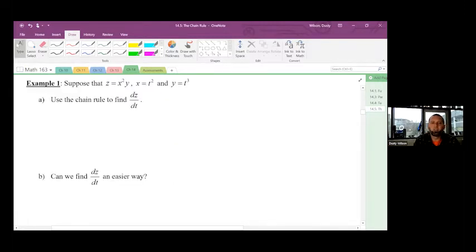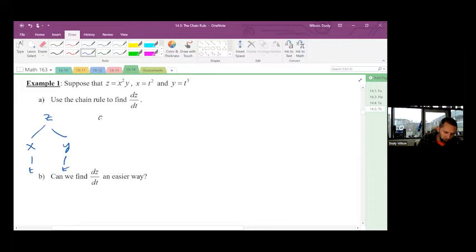Example 1. Suppose that z equals x squared y, x equals t squared, and y equals t cubed. A. Use the chain rule to find dz dt. I'm going to begin by drawing the little picture and writing the formula. So we're saying that z is a function of x and y, which are in turn functions of t.